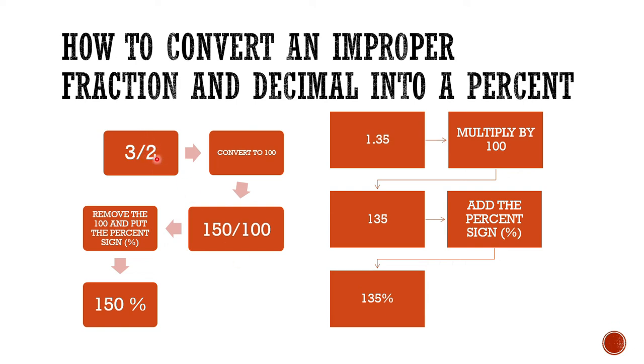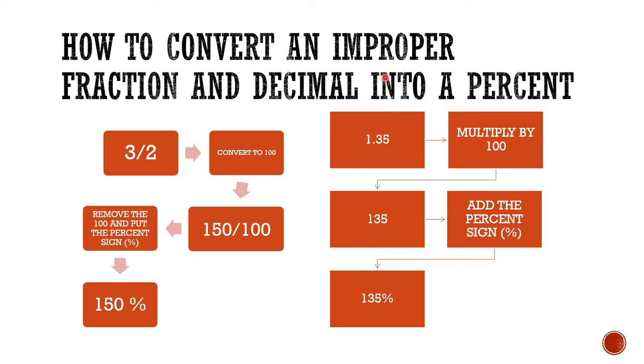Convert the denominator to 100, so I have to multiply by 50. 2 multiplied by 50 equals 100, and 3 multiplied by 50 equals 150. Then remove the 100 and put the percentage sign. It will make this percentage number. It's an improper percentage.